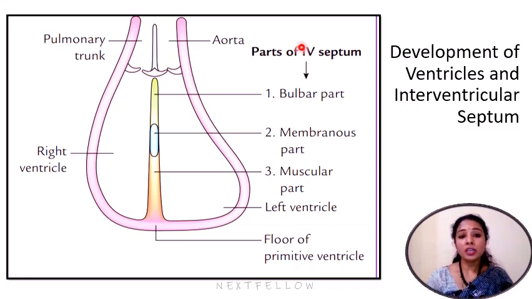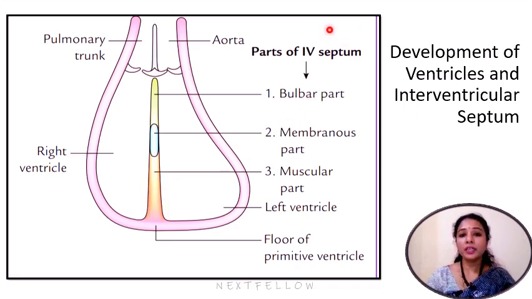The muscular part of interventricular septum develops as an outgrowth of muscular wall in the floor of primitive ventricle. So the floor of primitive ventricle forms a muscular outgrowth forming this muscular part.